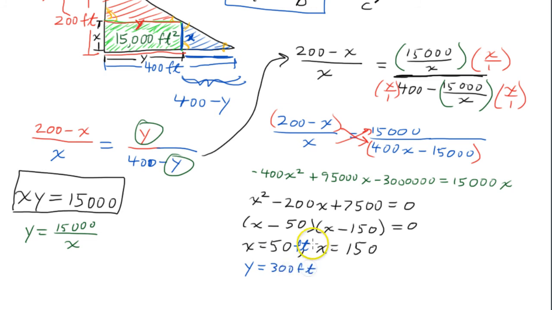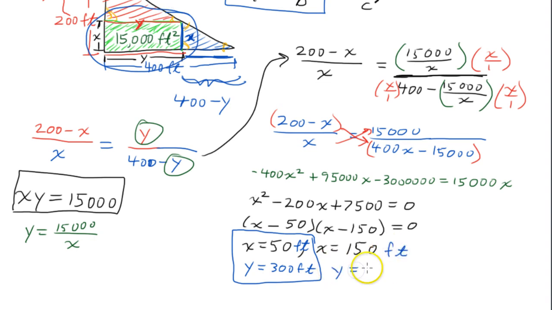So that's one possible dimensions of this rectangle. Or we could say that x is 150 feet, and we could let y equal then 100 feet. And we would also get an area of 15,000 square feet, and the rectangle would hit the corner right there on the hypotenuse of the larger triangle. So this would all work. That was a nice problem.